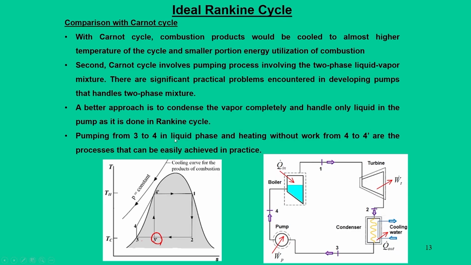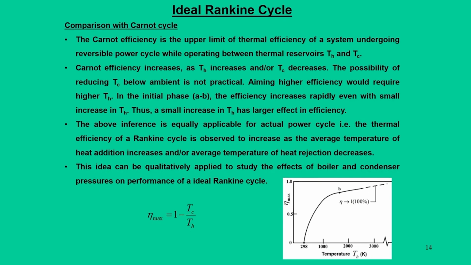Pumping from 3 to 4 in the liquid phase and heating without work from 4 to 4 dash are processes that can be easily achieved in practice. So, 4 to 4 dash can be achieved through external heating, through waste heat or some other mechanism, which does not come into the performance calculations. So, this is the benefit we get out of these cycles.